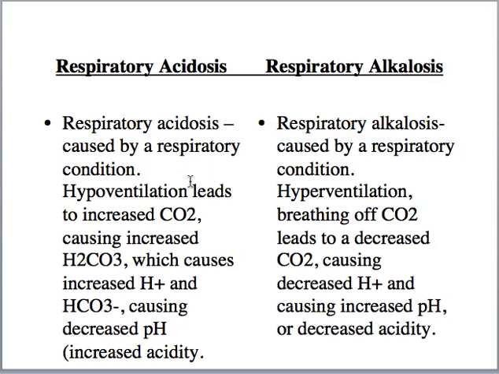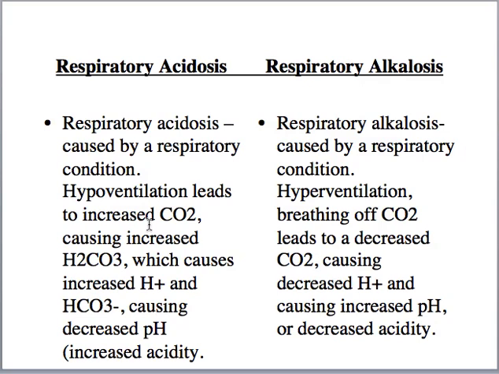If we have hypoventilation, which means lower ventilation, meaning you're not breathing as much as you should be. This could be caused by perhaps pain in your ribs, causing you to have problems breathing.